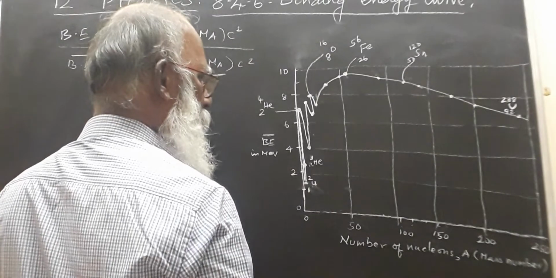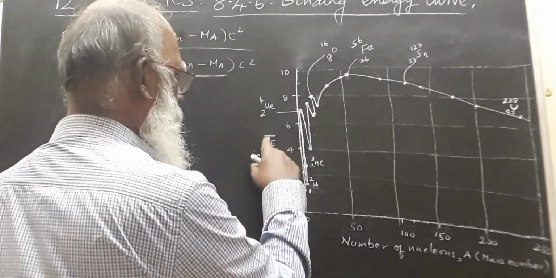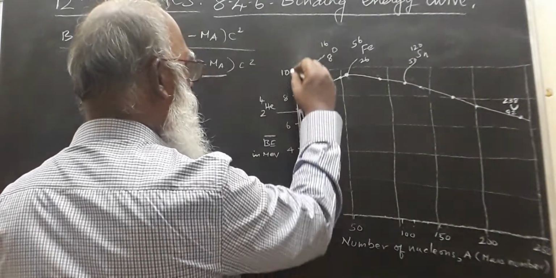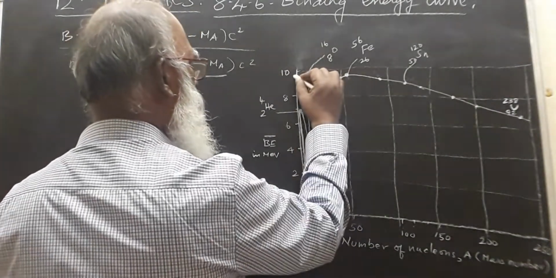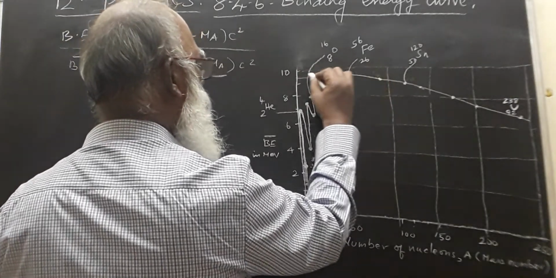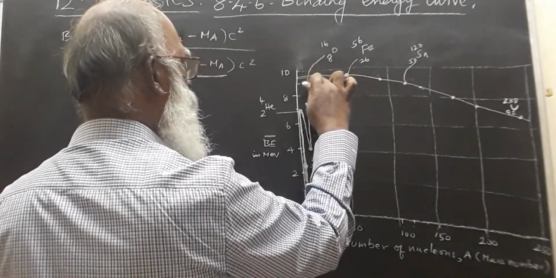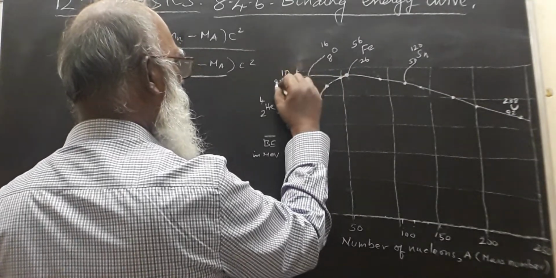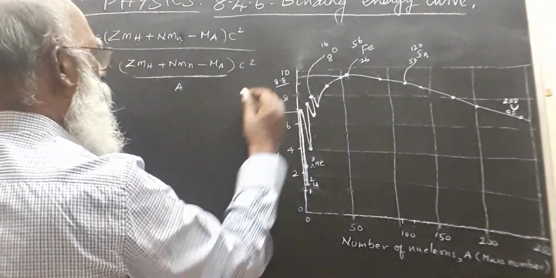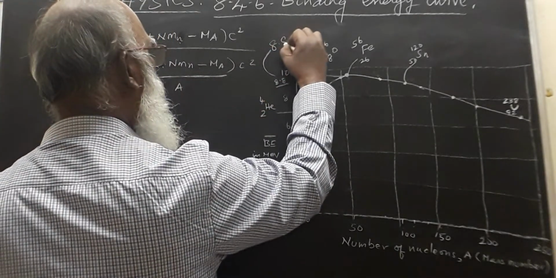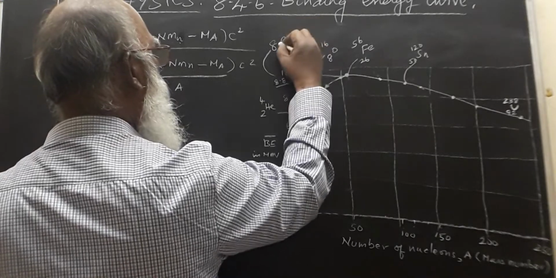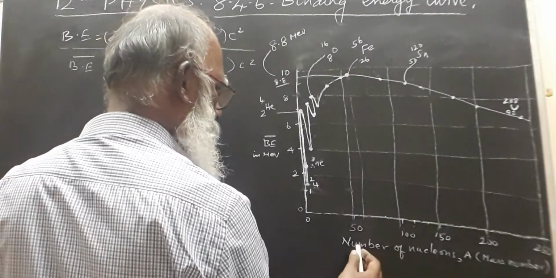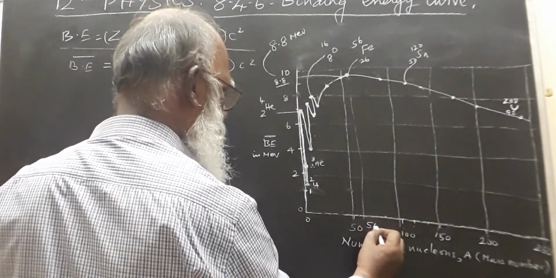Here we consider 2, 4, 6, 8, 10. The maximum value attained in the graph is 8.8 million electron volt, when A equals 56.